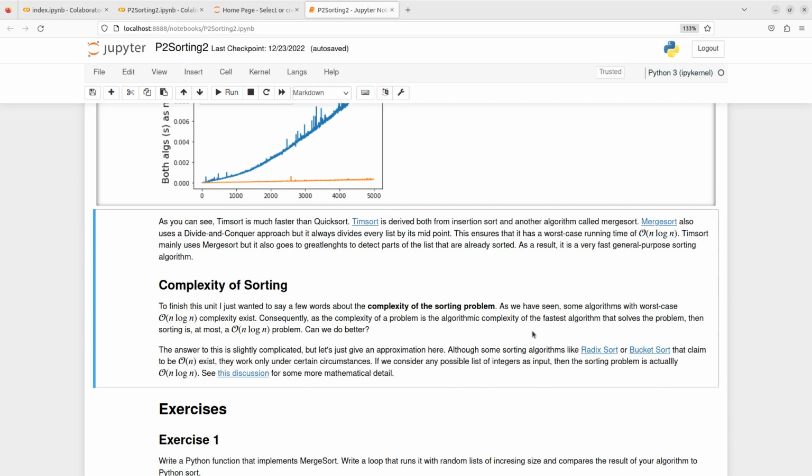So in the same way that we used to say that data access in a dictionary is constant if the dictionary works well, we could say that bucket sort is linear if the hash function, the dictionaries under it, work well. That happens for lots of data and bucket sort is used, but it doesn't happen for all data all the time. So I would not say that the general formulation of the sorting problem is n, but I would say that it's n log n.